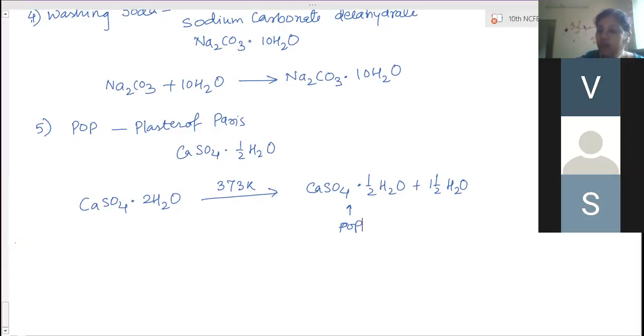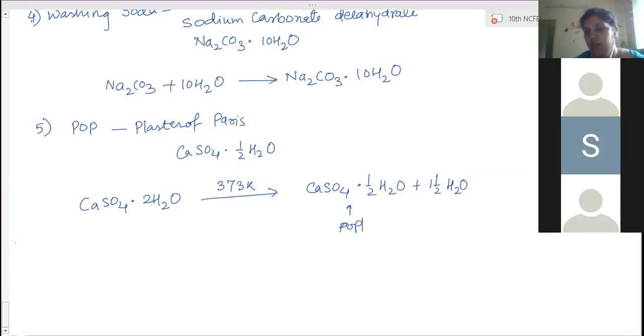Ferrous sulfate heptahydrate. Second one, copper sulfate pentahydrate. And gypsum, calcium sulfate dihydrate. Plaster of Paris, calcium sulfate hemihydrate.